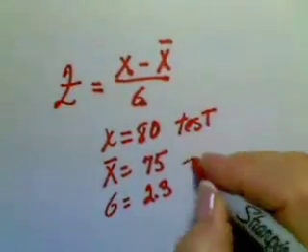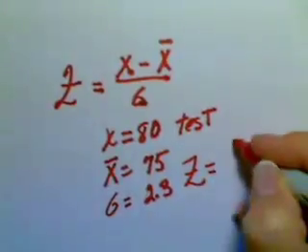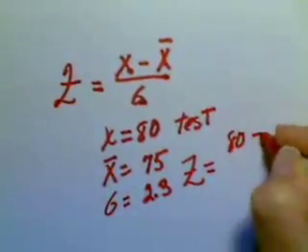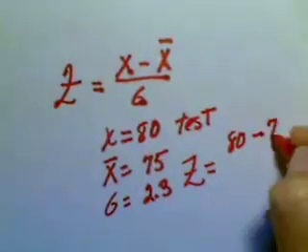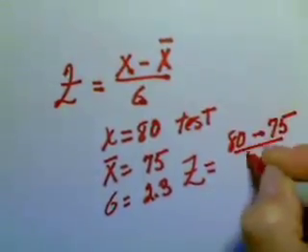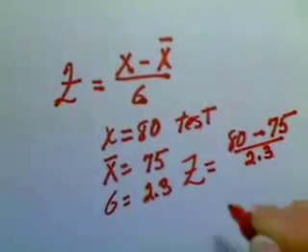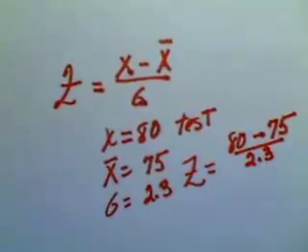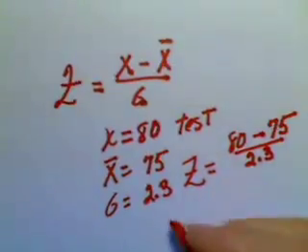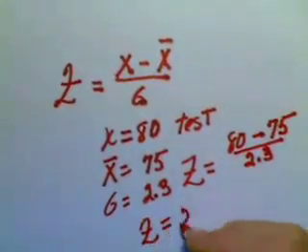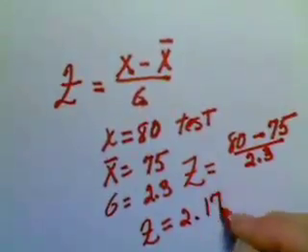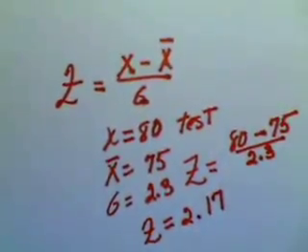I can calculate the z-score by taking 80 minus 75 and dividing it by 2 3/10, and the z-score is 2 17/100 if I round it to the nearest hundredth.